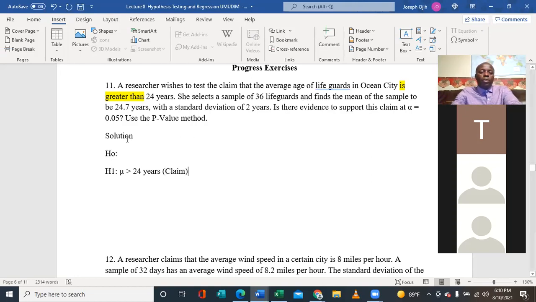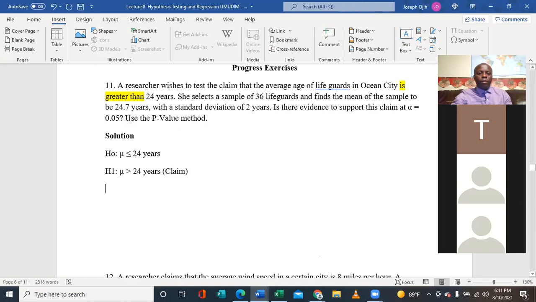Now the opposite of the claim is that the mean is less than 24 years. However, we cannot use the less than symbol here, so we use the closest symbol, less than or equal to. So H0 is the mean less than or equal to 24 years. So we have stated the hypotheses and identified our claim.